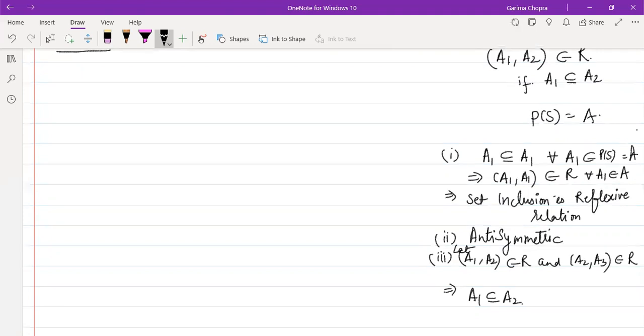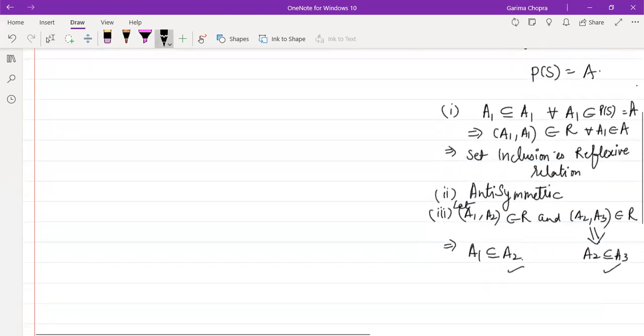And similarly, if the ordered pair A2, A3 belongs to R, this will imply that A2 is a subset of A3. And if we combine these two, A1 is a subset of A2 and A2 is a subset of A3, then it is obvious that from these two, we will get that A1 is a subset of A3.